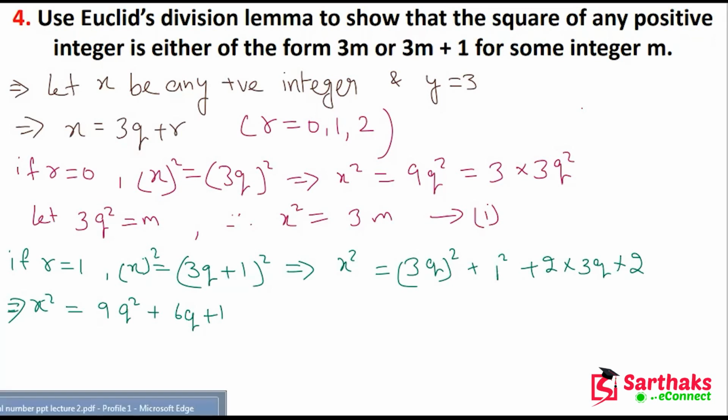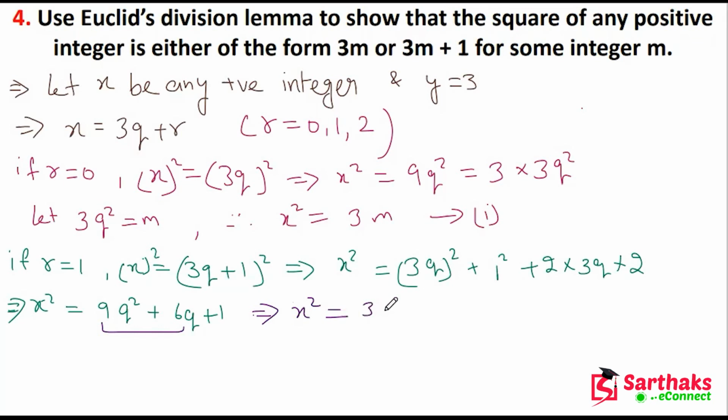From these two terms we can take the common factor. x square equals, we take 3 as common, and it becomes 3 times (3q square plus 2q), plus 1. Now let 3q square plus 2q equal m.